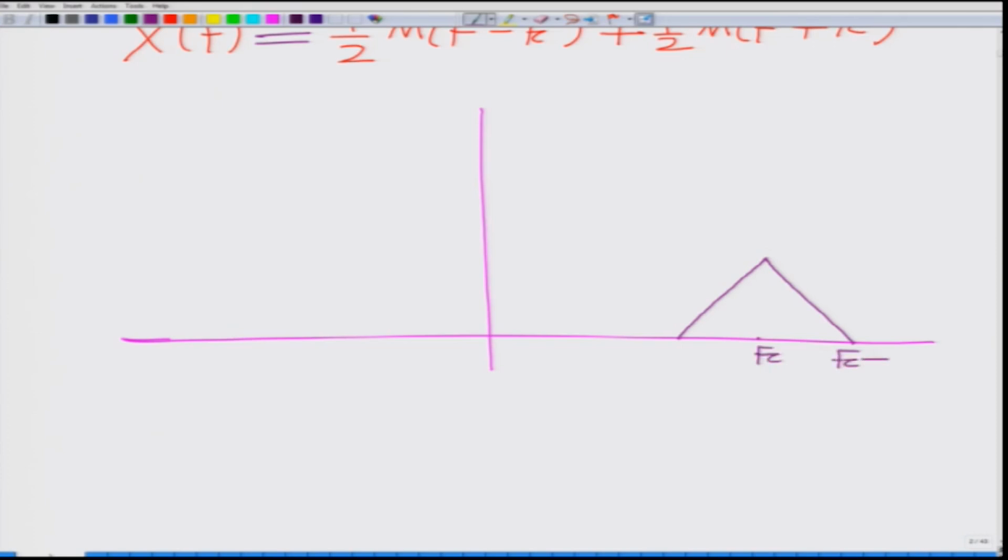So, this is fc plus Fm and fc minus Fm, symmetric about fc. And there is going to be another component on the negative frequency side, from minus fc minus Fm to minus fc plus Fm.